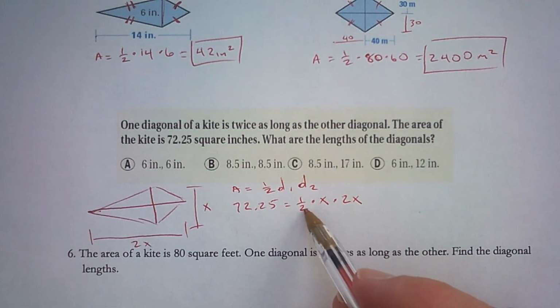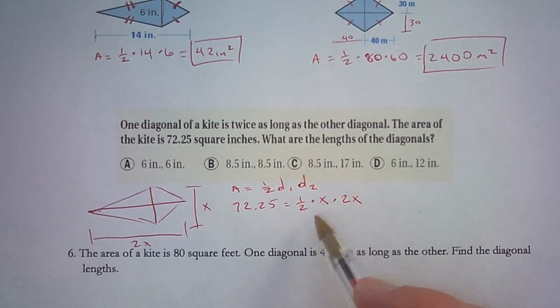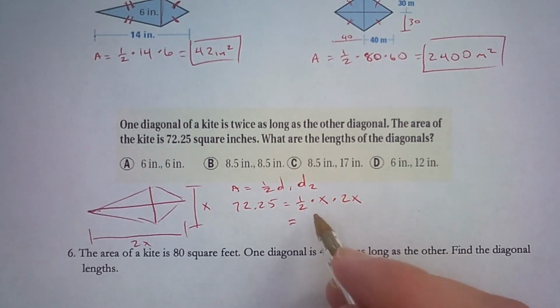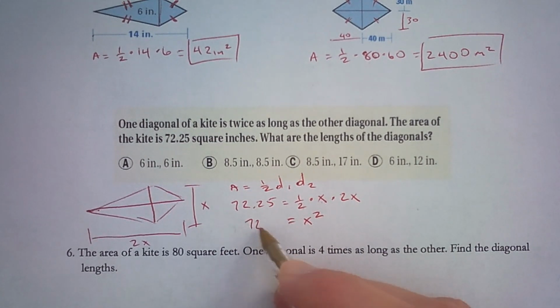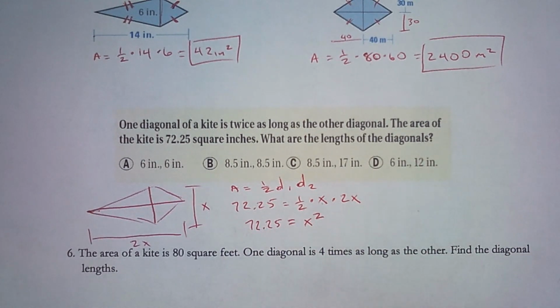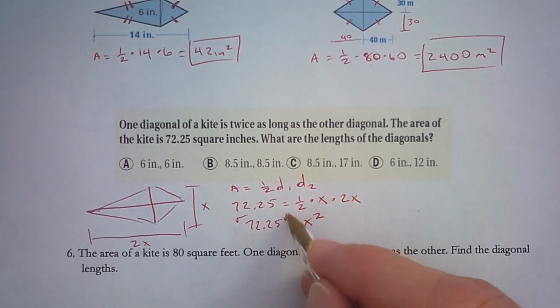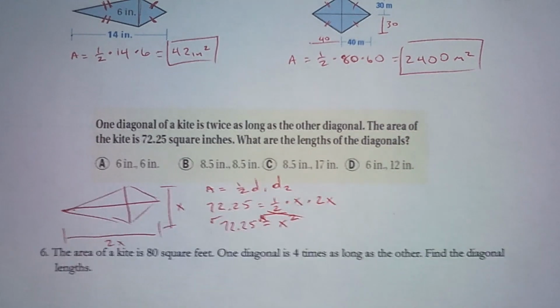Okay, now I can simplify this here. I've got 1/2 times x times 2x. I can multiply the 1/2 times 2, and that's 1, and x times x is x squared. So x squared equals 72.25. Okay, so now to get x by itself, I can take the square root of both sides to cancel out squared.